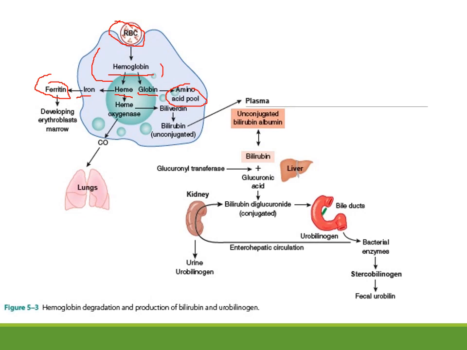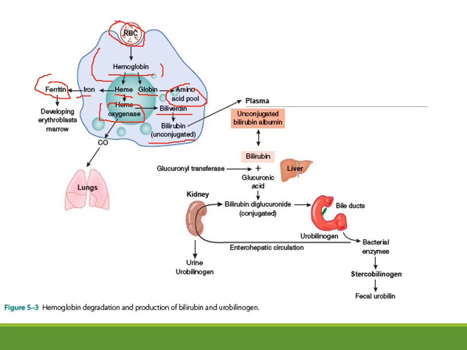And a part of the heme portion, with the help of the enzyme heme oxygenase, will lead to the formation of biliverdin. Biliverdin will be converted to bilirubin, and once biliverdin is converted to bilirubin, it will be released to the plasma.